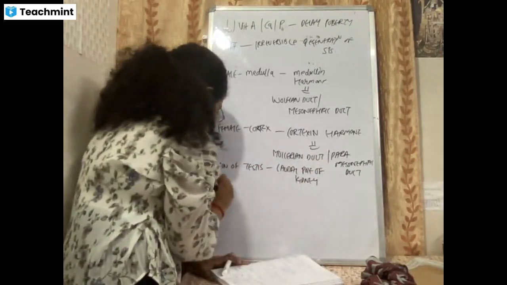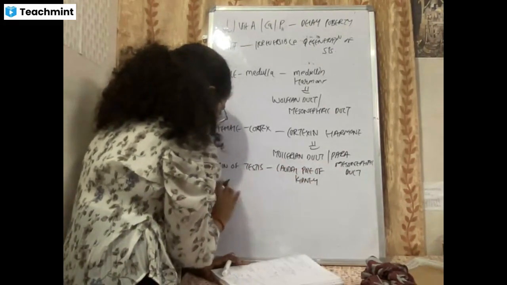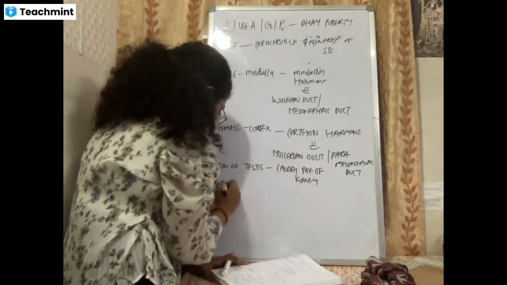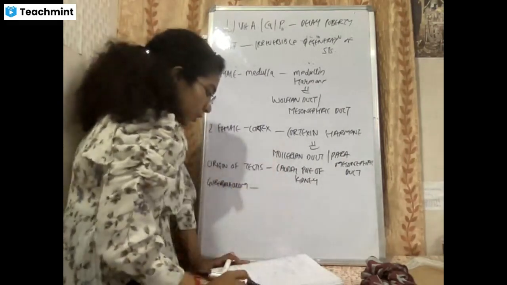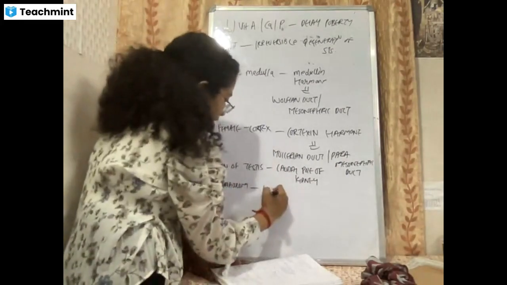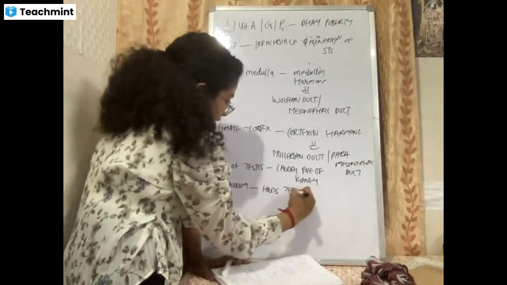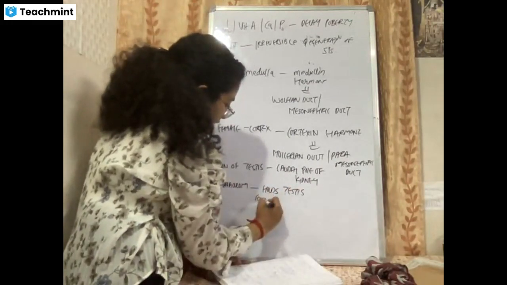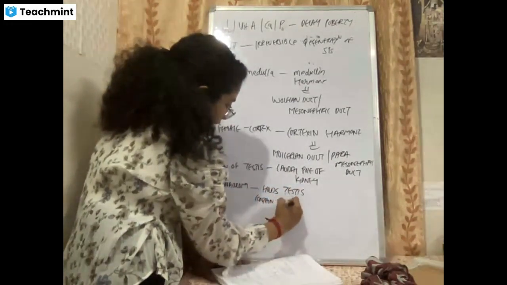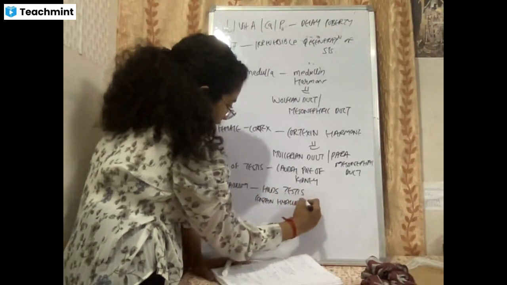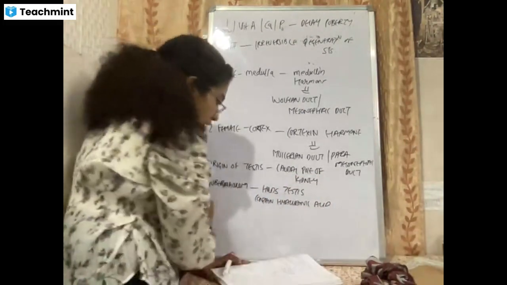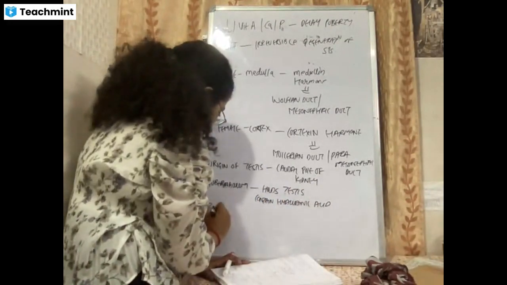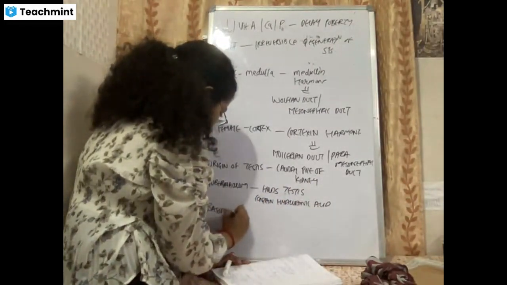Then there is one structure called the gubernaculum. This gubernaculum holds the testis and it contains hyaluronic acid.